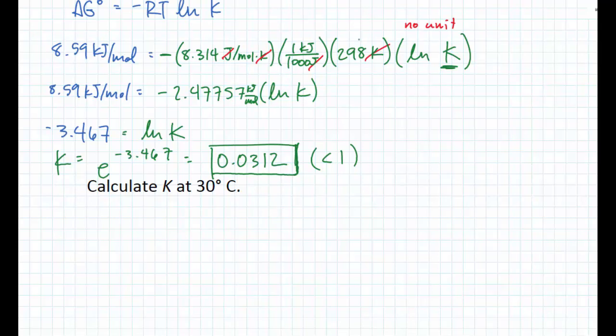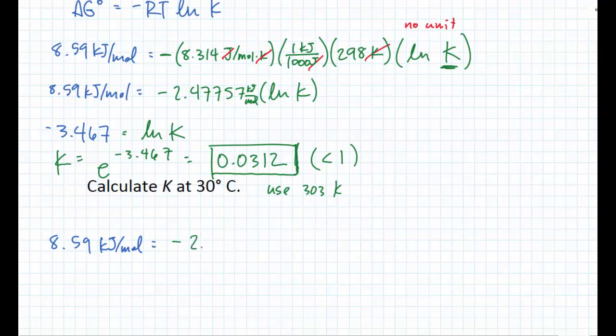Yeah, you'd be doing 303 in there. Use 303 Kelvin. So it's pretty close, but 8.59. Combining all those things together using 303, I got minus 2.519.